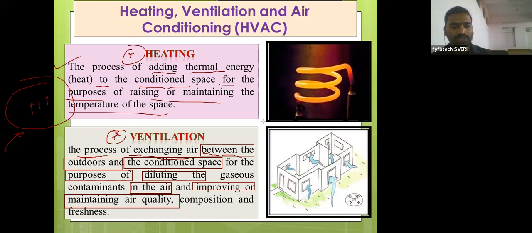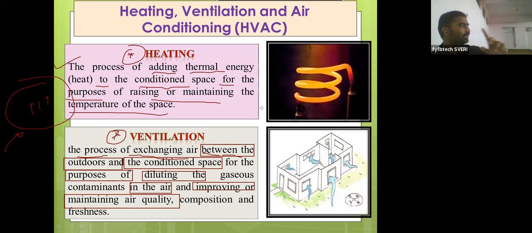So the definition goes like this: the process of exchanging the air between the outdoors and conditioned space. Conditioned means inside the room. That is called conditioned space, for the purpose of diluting the gaseous contaminants in the air and improving or maintaining the air quality.